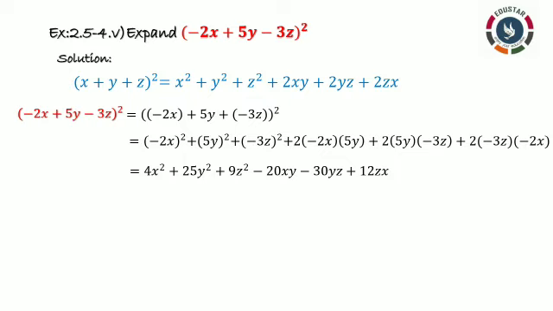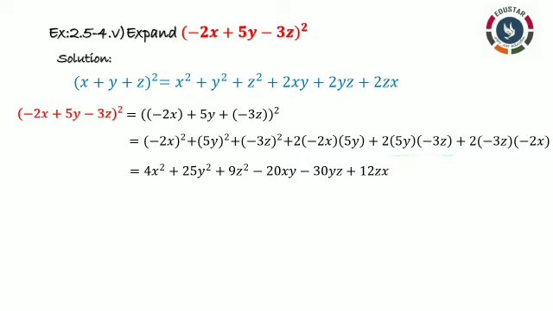Minus 3z the whole square is 9z square. 2 into minus 2x is minus 4x. Now minus 4x into 5y is minus 20xy. Then 2 into 5y is 10y. 10y into minus 3z is minus 30yz.